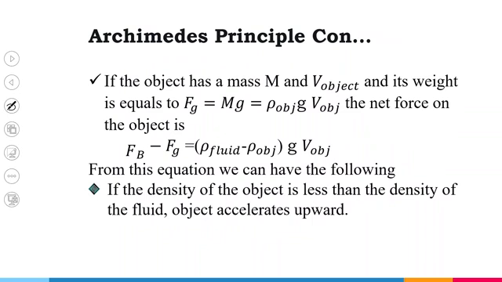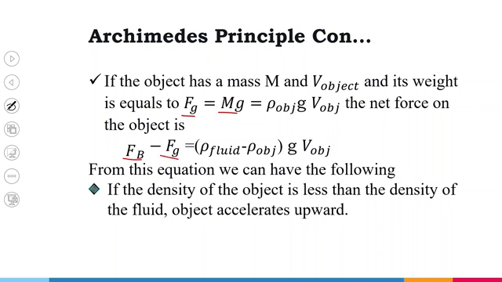From this, we can say that if an object is totally submerged in a fluid, there is also a gravitational force that acts downward. The net force in this case has F buoyant as the upward force and Fg, the gravitational force, as the downward force.